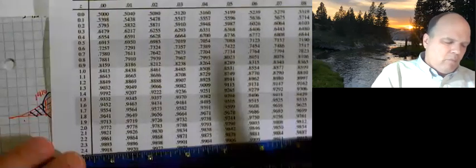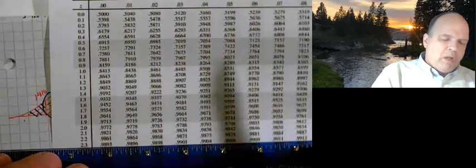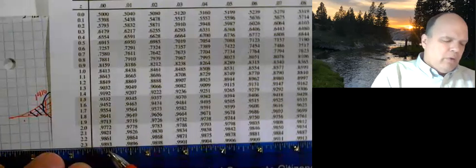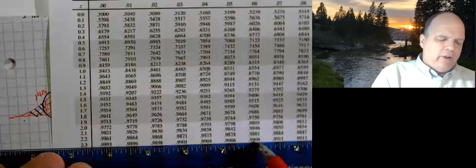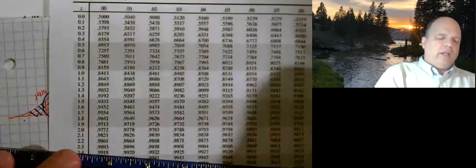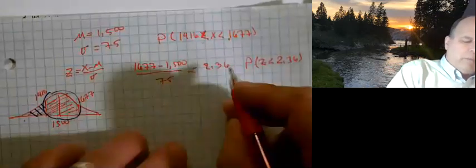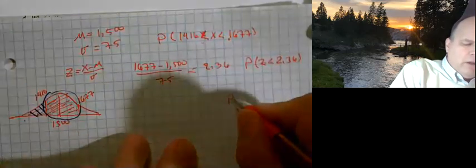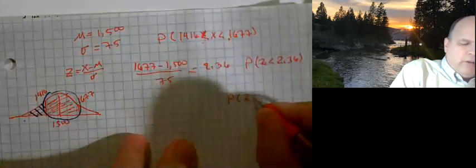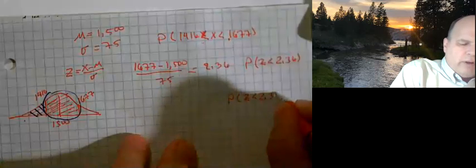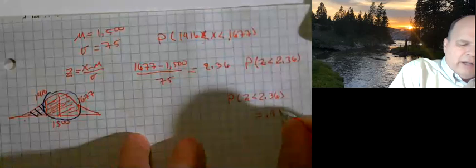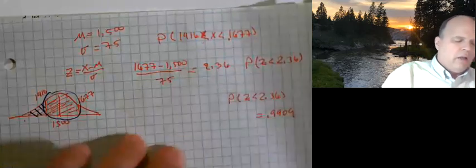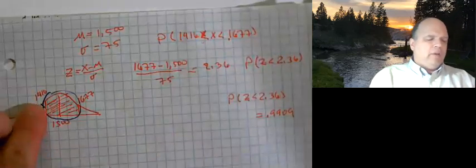So 30, 31, 32, 33, 34, 35, 36, so 0.9909. So the probability that Z is less than 2.36 equals 0.9909. Now I need to calculate the same thing for 1410.